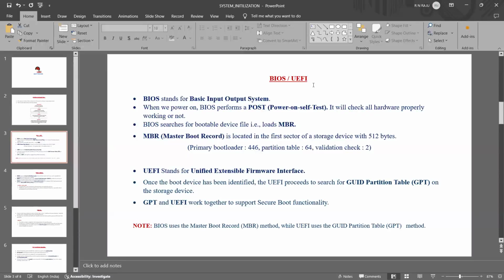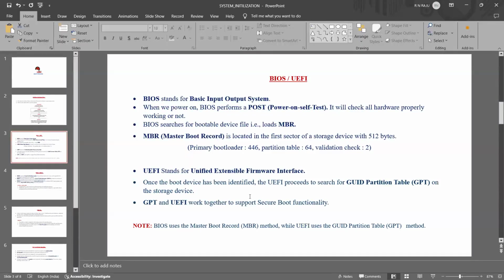But most people don't know about UEFI. UEFI is the latest booting method, but everyone knows only BIOS. In BIOS there are some limitations, but those limitations are overcome with UEFI. So that's why nowadays every operating system runs with the UEFI method only.